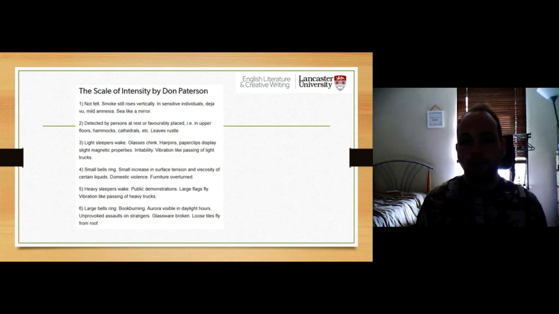Irritability. Vibration like passing of light trucks. 4. Small bells ring. Small increase in surface tension and viscosity of certain liquids. Domestic violence. Furniture overturned. 5. Heavy sleepers wake. Public demonstrations. Large flags fly. Vibration like passing of heavy trucks.